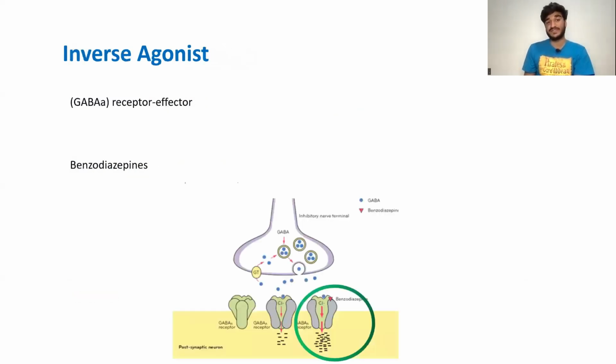And inverse agonist means when we want to increase the activity of the physiological antagonist, like we see with the GABAergic receptors. The GABA receptors are actually inhibitory receptors. That's why when we use benzodiazepines, this drug will be increasing the GABAergic activity. Means there is more neurotransmitter inhibition in that case. Actually, this is the inverse agonist.